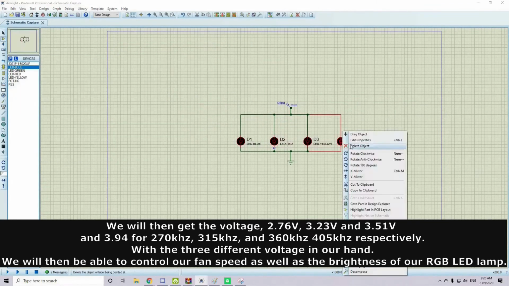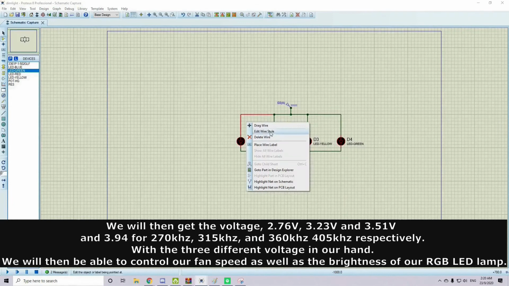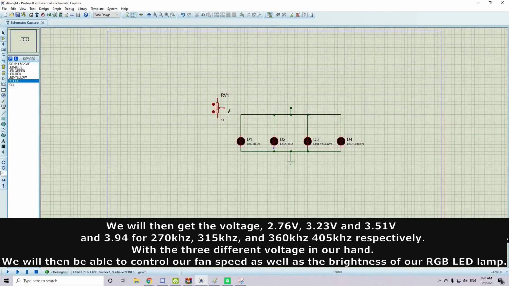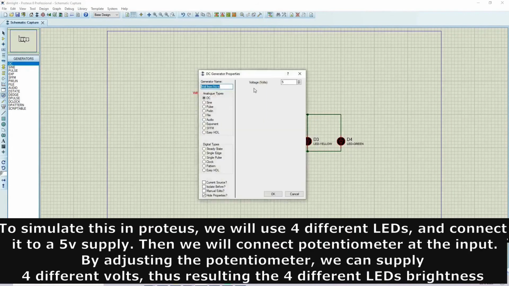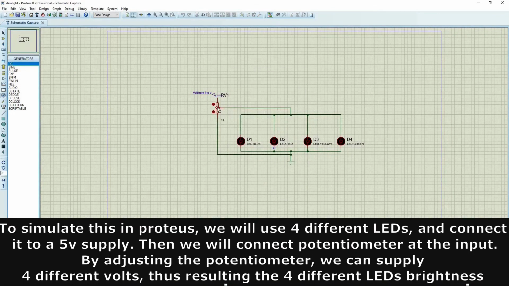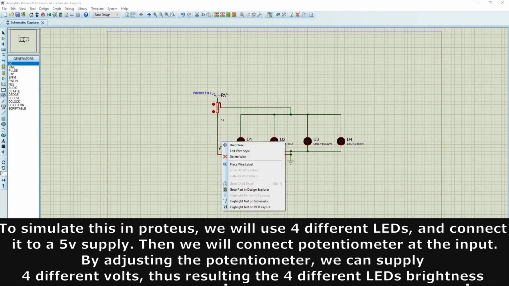With the 4 different voltages in our hand, we will then be able to control our fan speed as well as the brightness of our RGB LED. To simulate this in Proteus, we will use 4 different LEDs and connect them to a 5-volt supply. Then we will connect a potentiometer at the input.